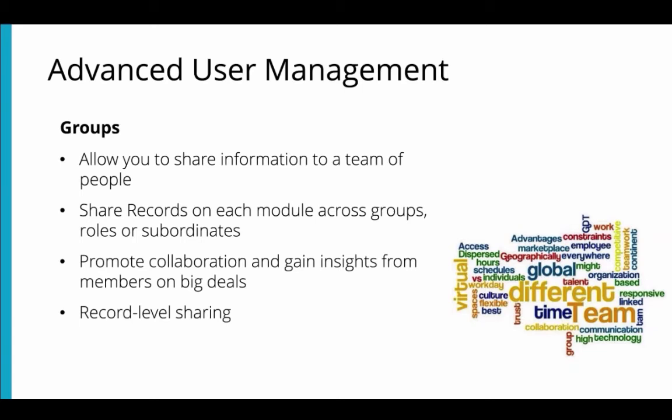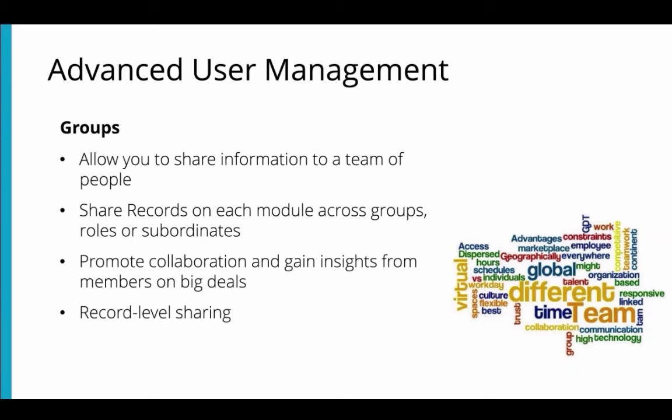Linda, as a VP, has visibility on what's happening with those high value deals and can add her comments as the deal progresses. Records are assigned only to an individual, but by creating groups, you can give access permissions to multiple people to work collaboratively.